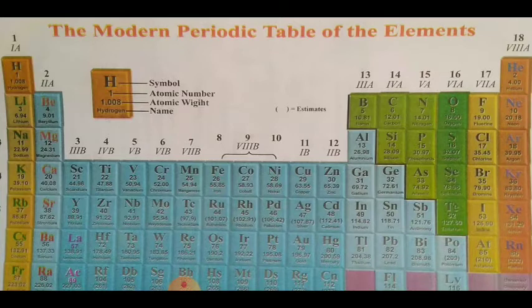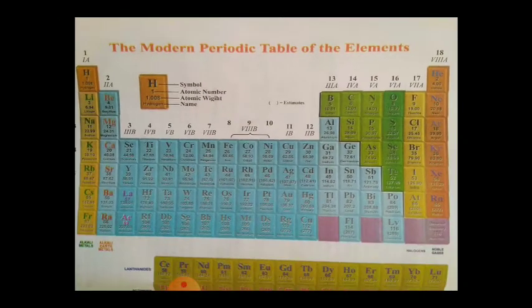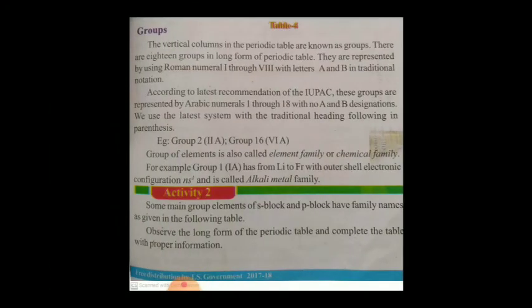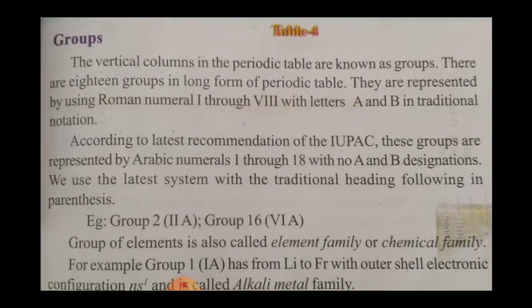For this, let us know some more things about the groups. The vertical columns in the periodic table are known as groups. There are 18 groups in the long form of the periodic table. They are represented using Roman numerals 1 to 8 with letters A and B in traditional notation.